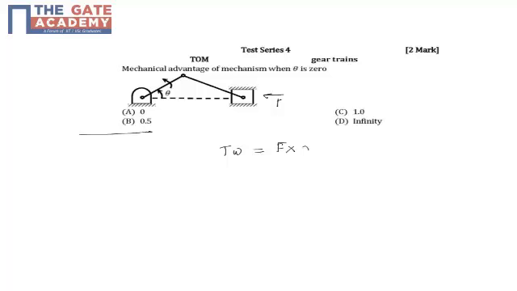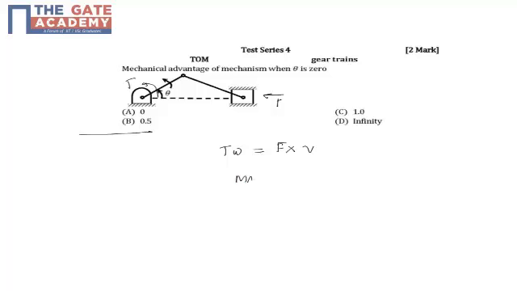Force into velocity is your resistance, the output power which you have to meet, and T into omega is the torque which you are applying. So this is your power balance.